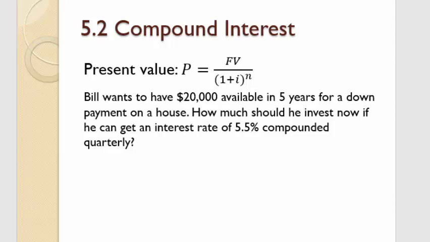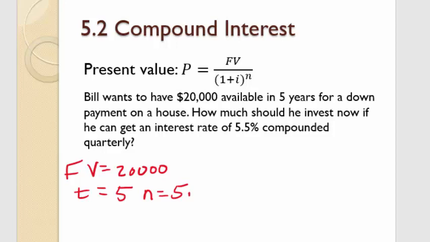And so let's pull out the information first. The future value is $20,000 because he wants to have $20,000 in 5 years. My time is 5 years, or 5. And that makes my n 5 times the number of times compounded yearly.